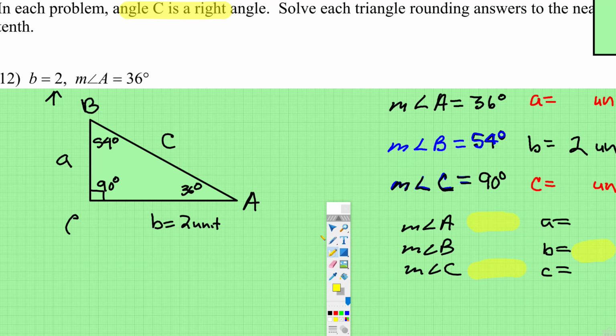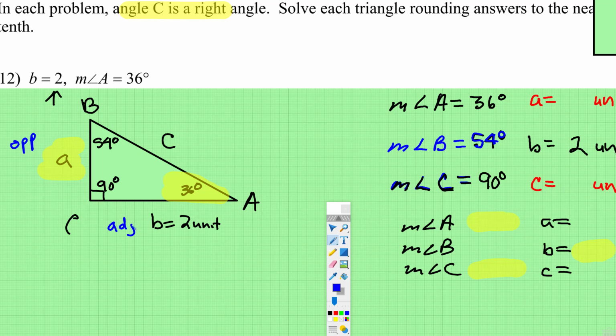Well, if we're going to find side A, what you could do is use this measurement right here, since that's the given one. And this side, what is this side? This side is opposite, because we know that in triangles, the side opposite of the angle, those two go together. And then what they gave us is the adjacent.